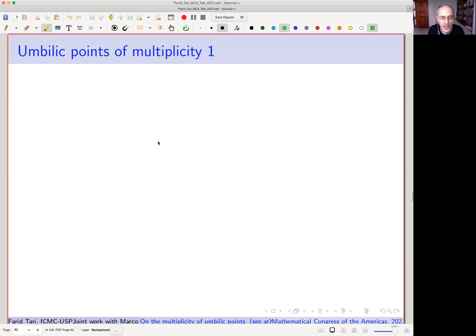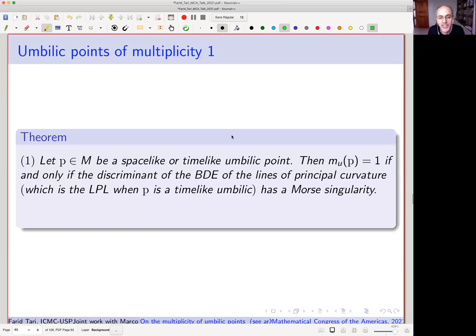First, the umbilic point of multiplicity 1. If I have a space-like or time-like umbilic point, then the multiplicity of my umbilic is 1 if and only if the discriminant of the BDE has a Morse singularity. In the case of space-like, it will have singularity A1 plus.